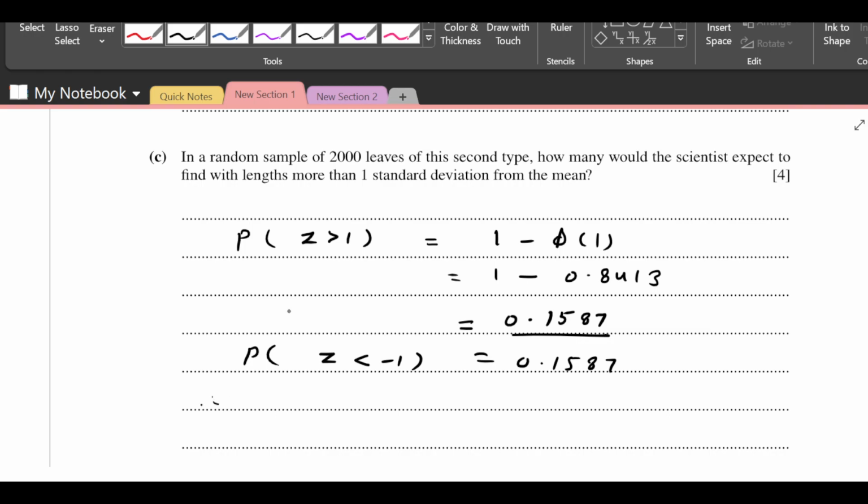So therefore the required number of leaves will be 2000 times 2 times 0.1587.